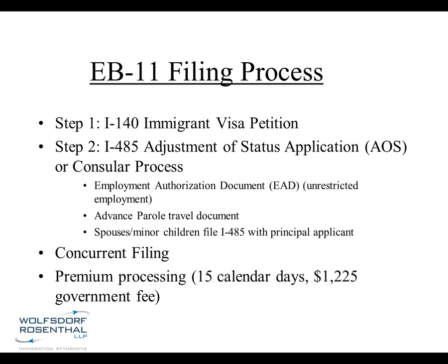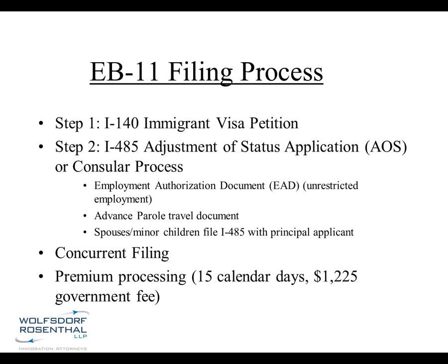And the latter is very nice for those of you who have been stuck in long administrative processing or security delays in connection with visas, because the advance parole travel document allows you to travel internationally without having to go through that visa application process.